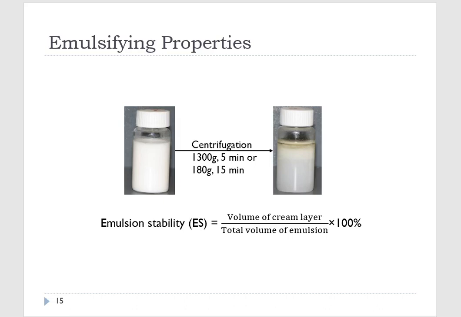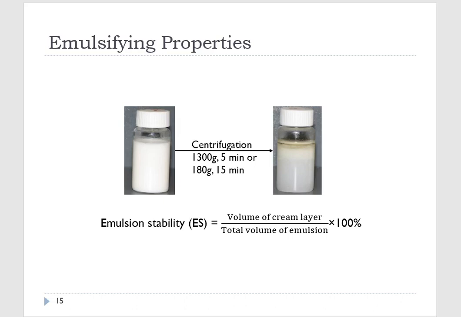Drastic conditions such as storage at elevated temperature or separation under centrifugal force are often used to evaluate emulsion stability. It's done like that because protein-stabilized emulsions are often stable for days. Therefore, a detectable amount of phase separation is usually not observed in a reasonable amount of time, especially when samples are stored at atmospheric conditions.